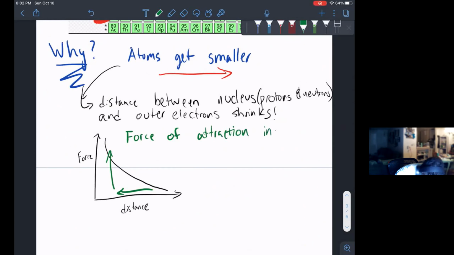And any electrons that get close can feel a stronger pull. That's going to be our electronegativity.